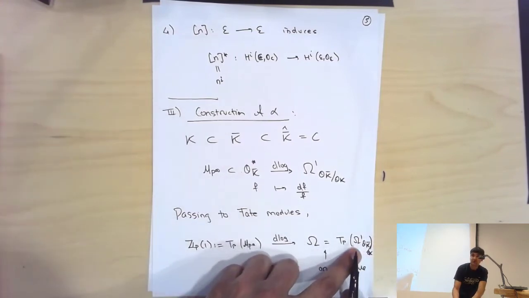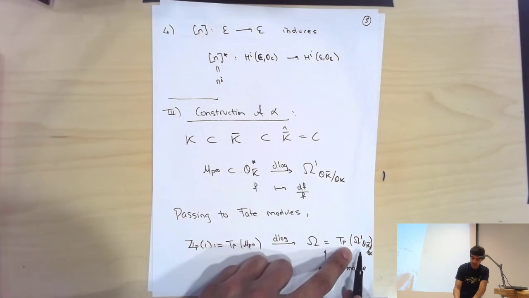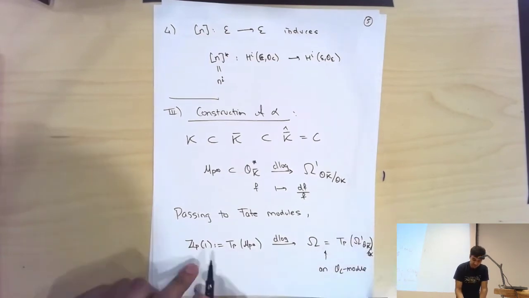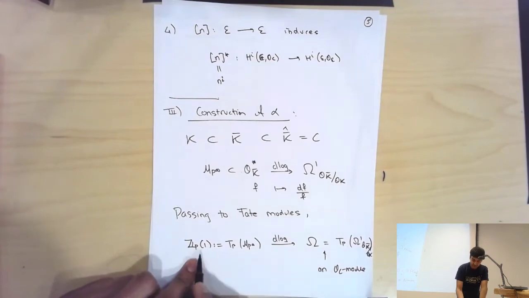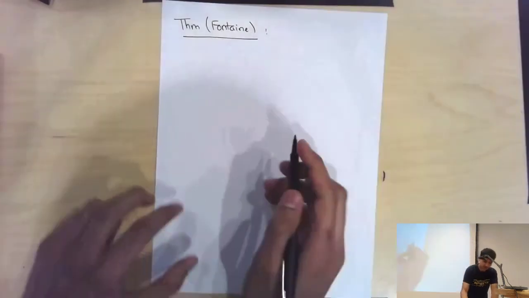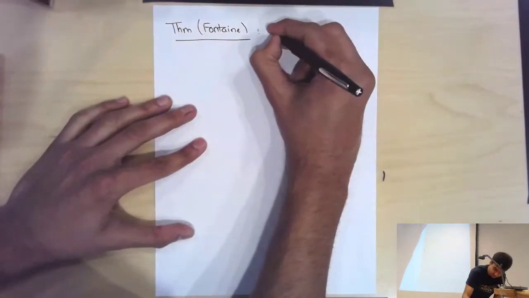So the Tate module is a priori an O_K bar module, but it's actually p-adically complete, because Tate modules are always p-adically complete. And so it's a module over the completion of O_K bar, which is O_C. So you have a map from a Z_p module to an O_C module, and so you can just linearize it by tensoring with O_C on the left-hand side. And so Fontaine says that that map is basically an isomorphism.